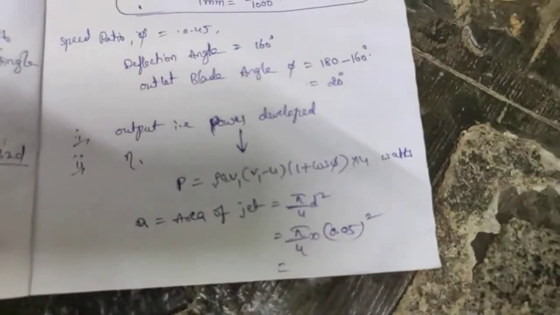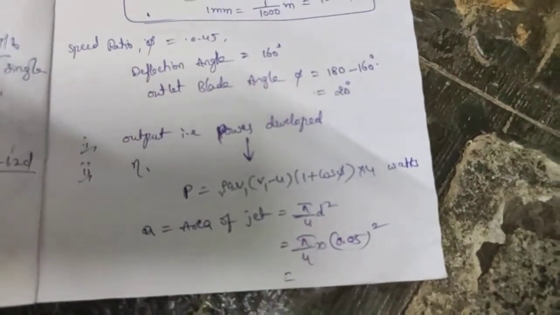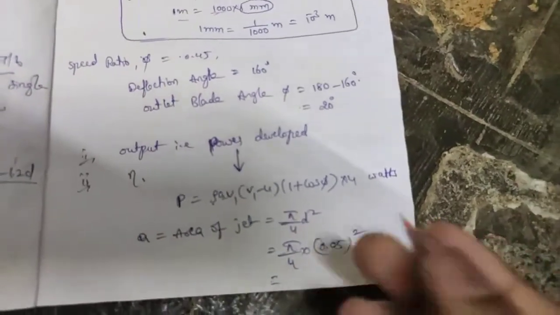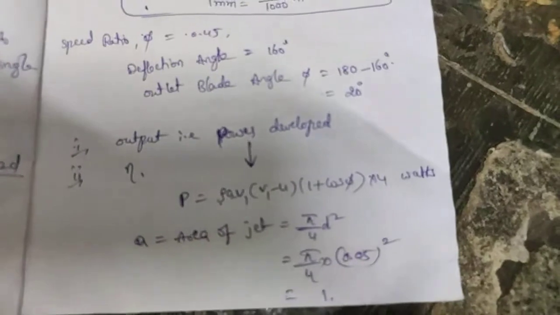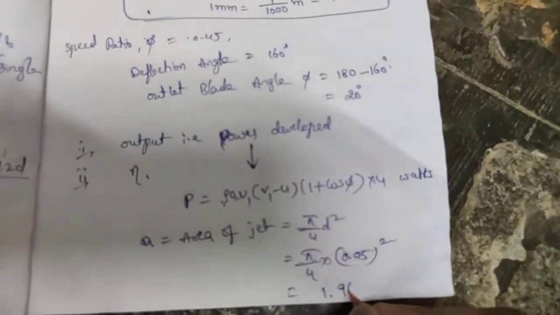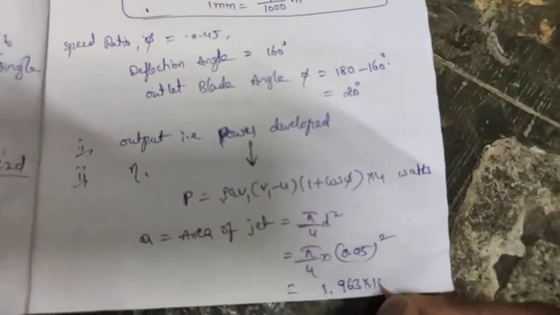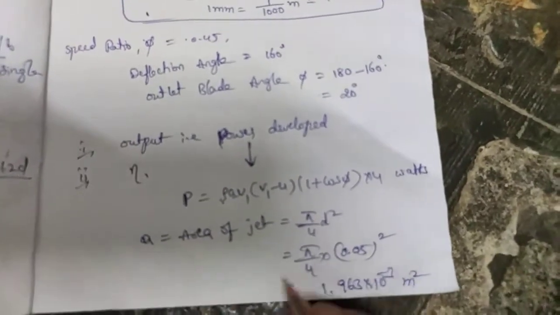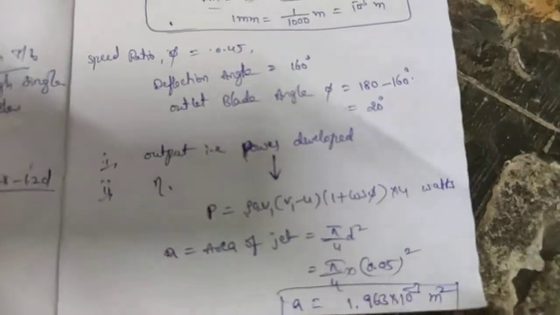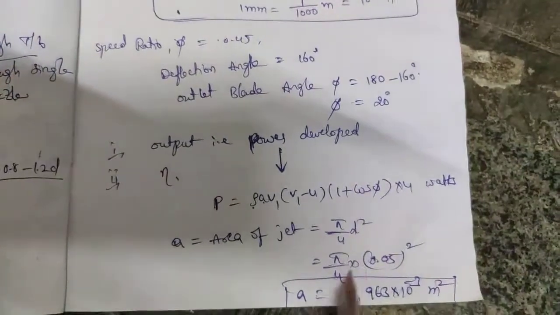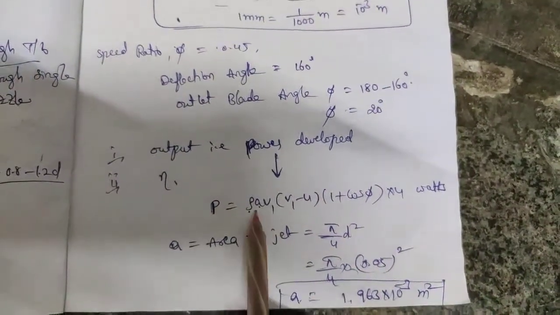So the value is 1.963 into 10 power minus 3 meter square. We calculate the area of jet A.